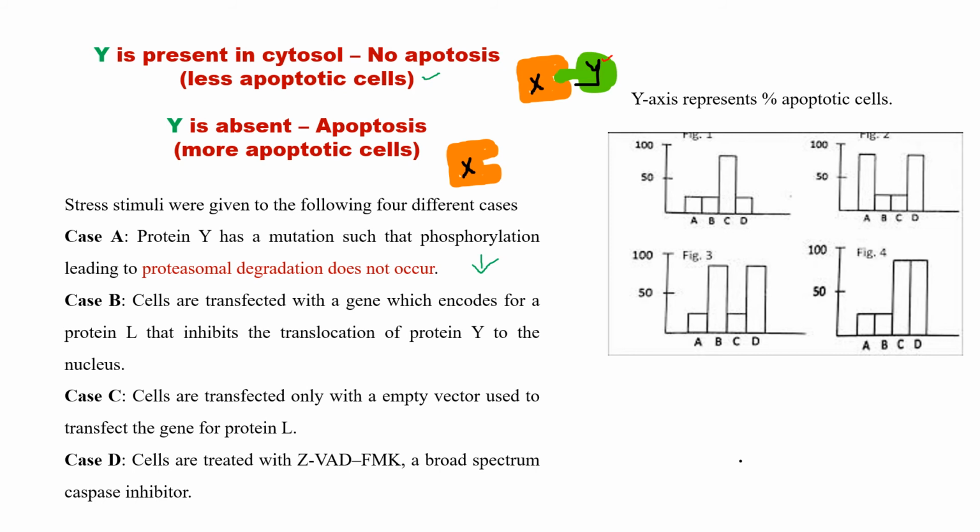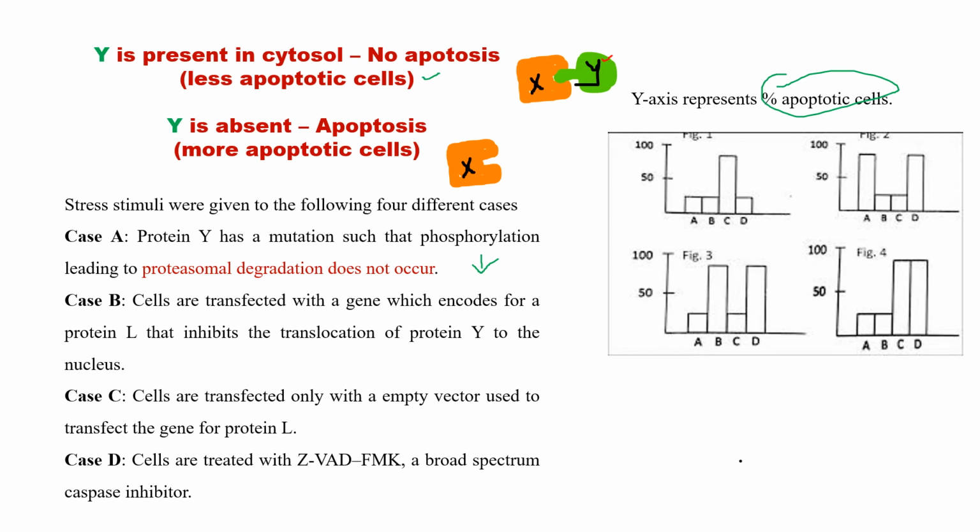We have to find the percentage of apoptotic cells. So, here less apoptotic cells. Next, case B. Cells are transfected with a gene which encodes for a protein L that inhibits the translocation of protein Y to the nucleus.